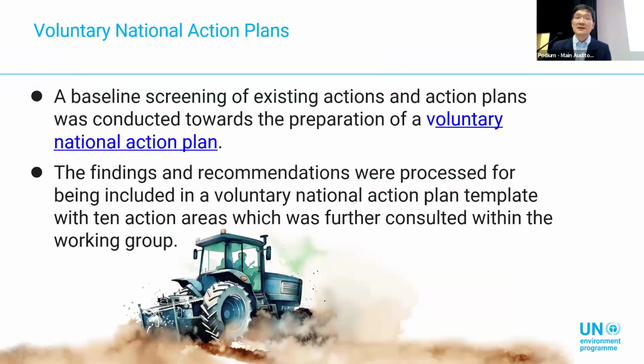A baseline screening of existing actions and action plans was conducted towards the preparation of a voluntary national action plan, and the findings and recommendations were processed for inclusion in a voluntary national action plan template with 10 action areas, which was further consulted within the working group.